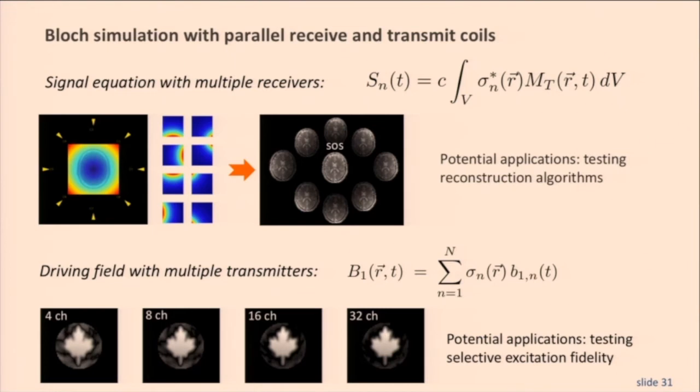Typically, high field systems nowadays have a maximum of 8 transmit channels. There also exist some 16-channel systems for human imaging, but in simulations you can easily go further and test whether 32 or 128 channels are useful to have. Doing something like this in real life would be very, very expensive, but it doesn't cost too much in simulations.